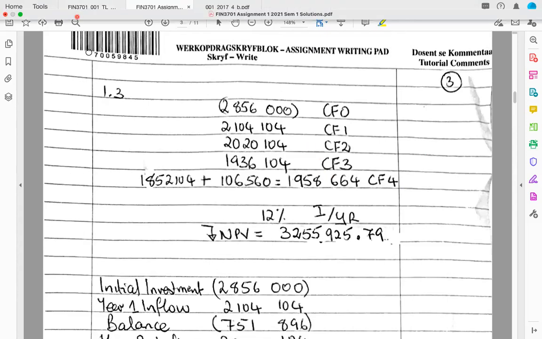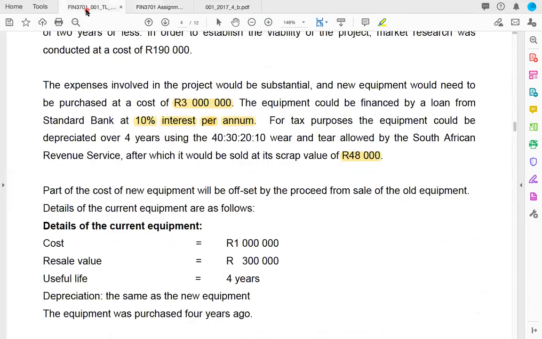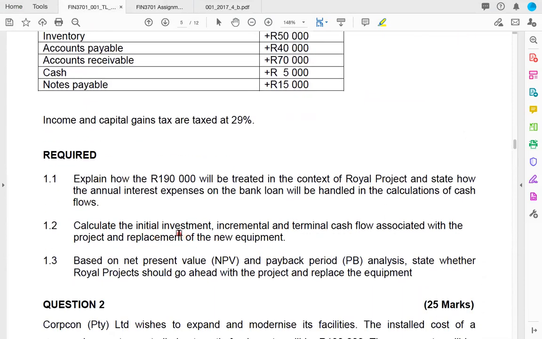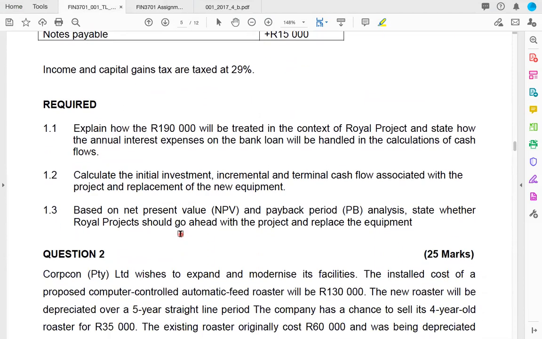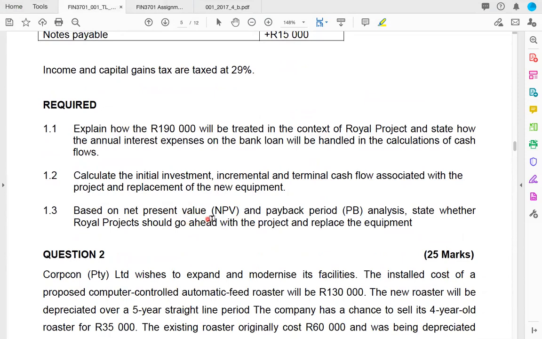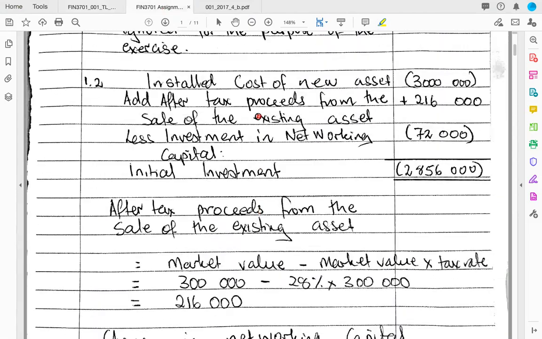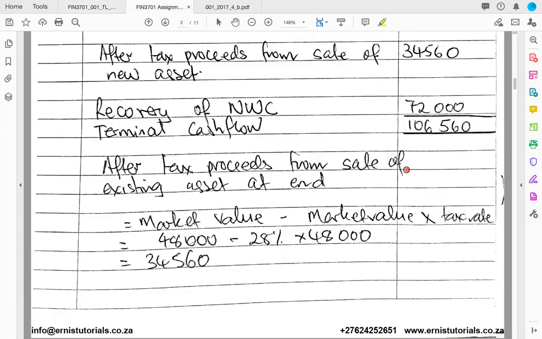And then the final part of the question is relatively simple. It's simply calculating NPV and IRR, which you should be familiar with on your financial calculator. Part 1.3, calculating NPV. As long as your calculator is on the right settings, you put the installed cost of the new asset as CF0.